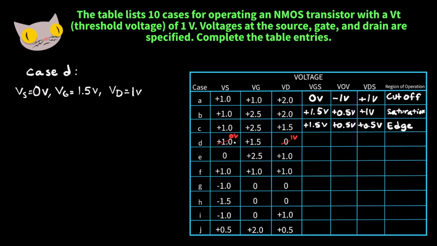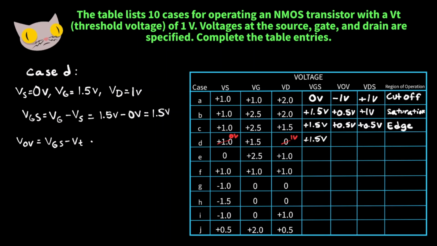Okay, so we switched our Vs and our Vd. Now we have Vs of 0 volts, Vg 1.5, and Vd of 1. So our VGS is going to be 1.5 volts minus 0 volts, leaving us with 1.5. Now this is greater than our threshold voltage, so now we can rule out the cutoff region.